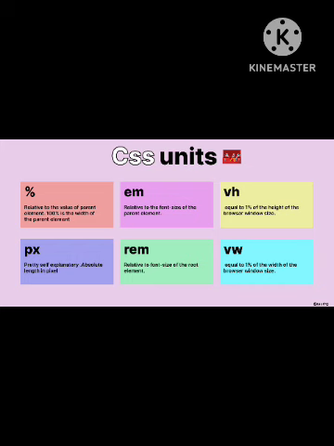Max function: width as max of 300 pixel comma 50 percentage. How it will work is, for example, if the screen size is the same 400 pixel, 50% of 400 is 200, but it won't allow 200 because 200 is too small.